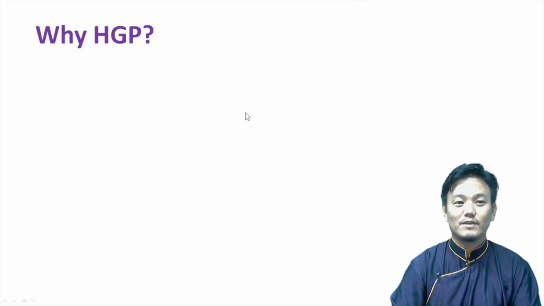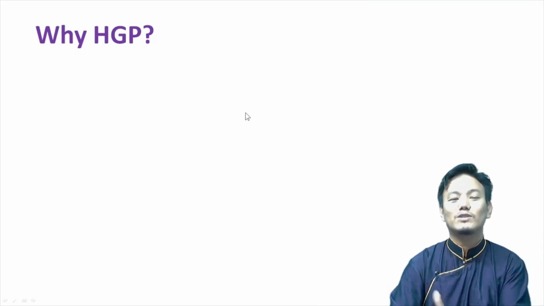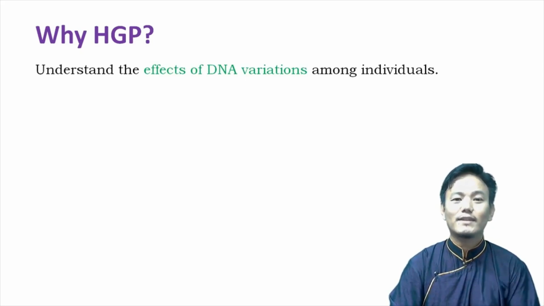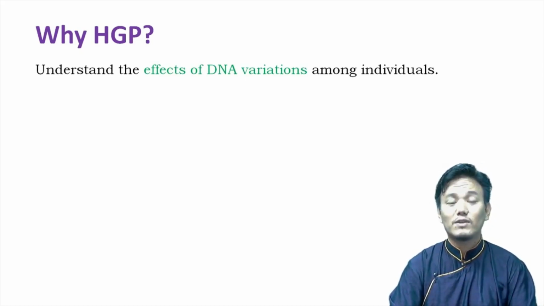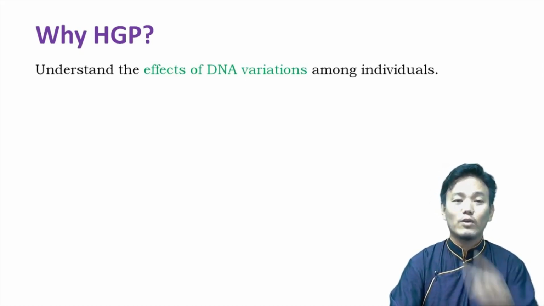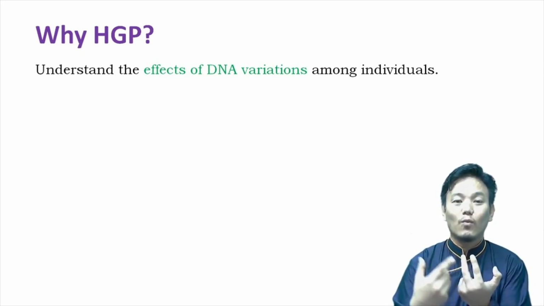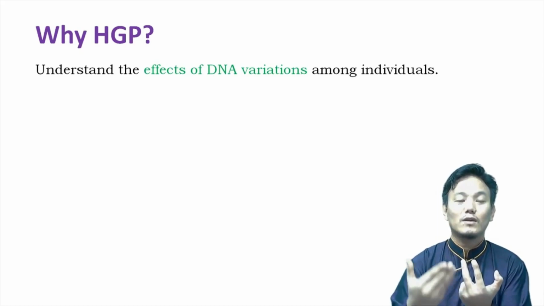Now, why perform the Human Genome Project? Why sequence the entire human genome, and why sequence the genome of other organisms? The reason behind that particular project was to understand the effects of DNA variations among individuals. If we have two individuals, and we compare them, they don't look alike. What makes them look different?